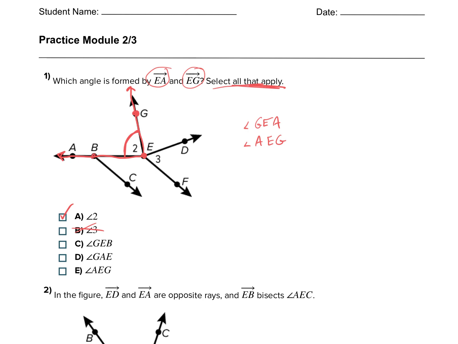Or I also have B that's there. So I could also call this GEB, which happens to be C. And then AEG also works. So there's actually 3 different names for that particular angle there that's highlighted.